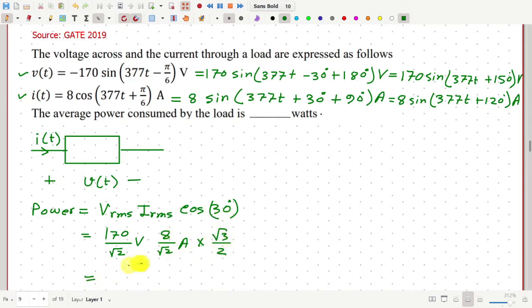This is equal to 340 root 3 watt. This is the average power consumed by the load.